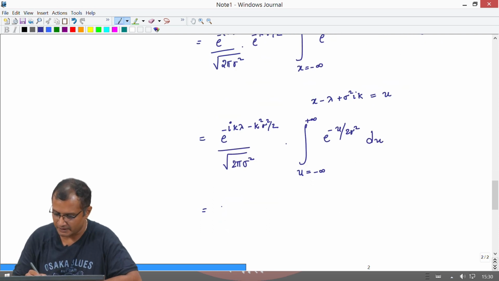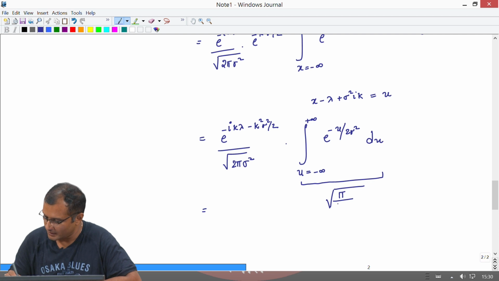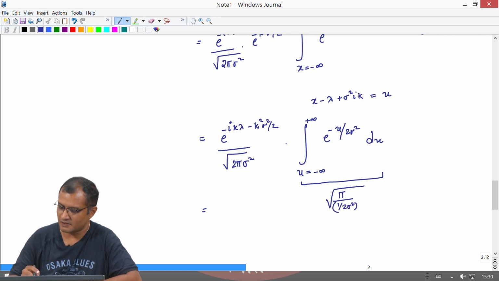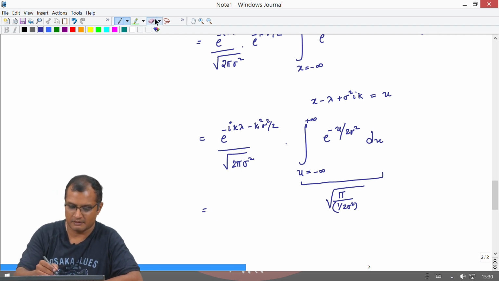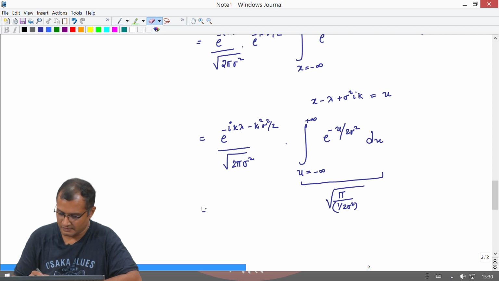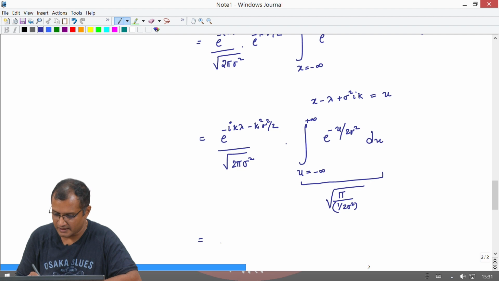Gaussian integral tells me that this integral is nothing but square root of pi by 1 upon 2 sigma square, which will cancel off with the denominator, and I will simply get e raised to minus I k lambda minus k square sigma square by 2.